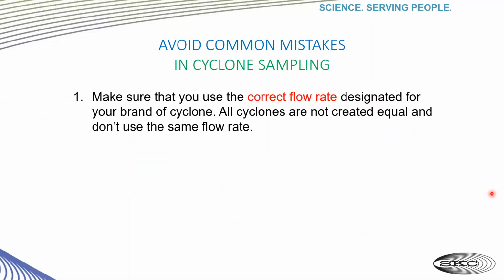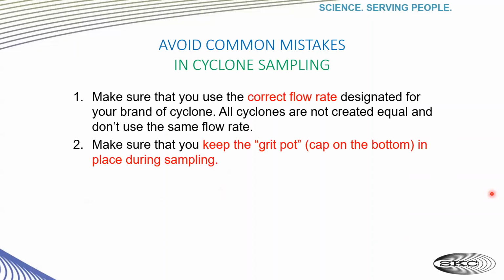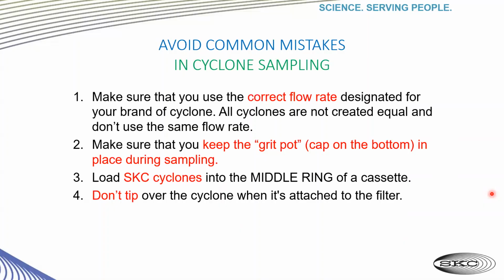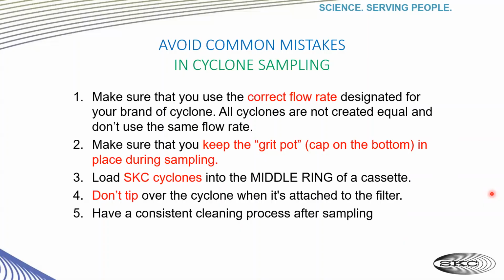If you have ever used a cyclone, here is a recap of some of the common areas of mistakes that you may have encountered. As already mentioned, you must sample at the correct flow rate. That is vital. Make sure that the grit pot is on the cyclone during operation. Many people assume that the bottom opening is the port of entry for all air and particles. It is not. So you cannot remove the grit pot before or during sampling.